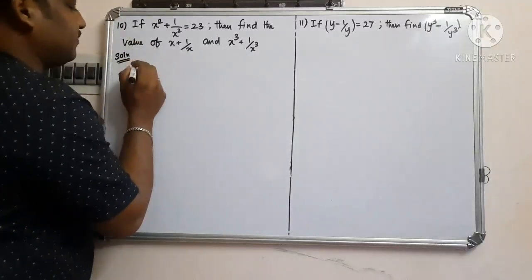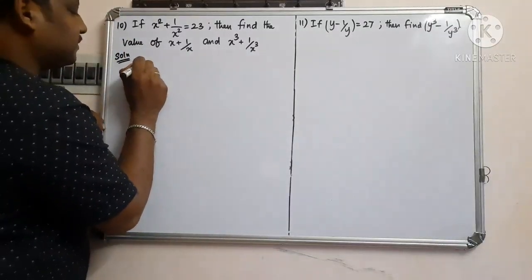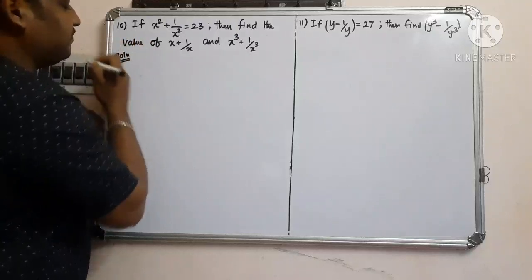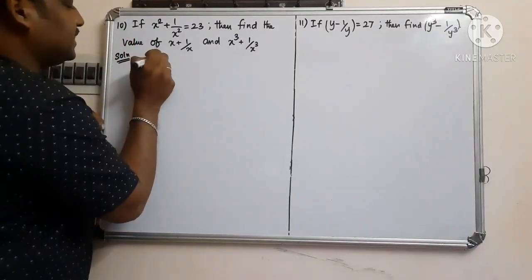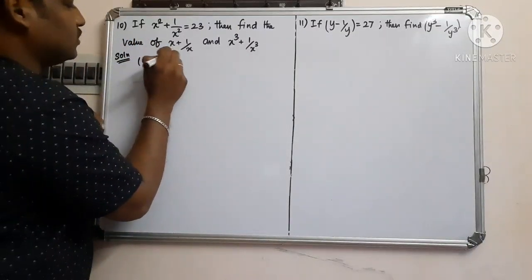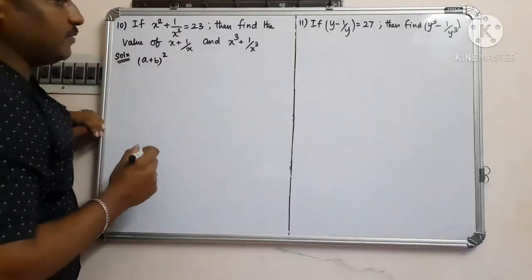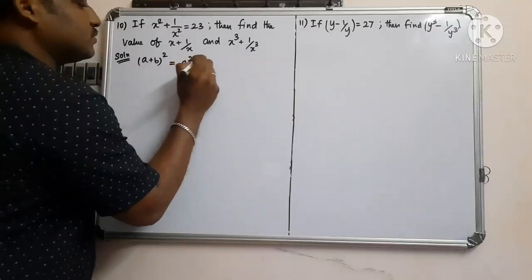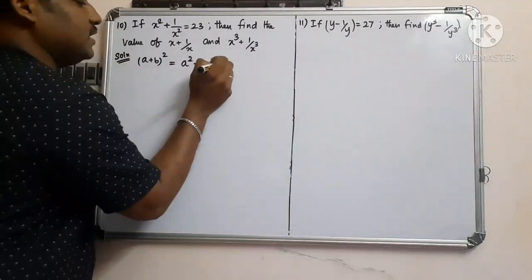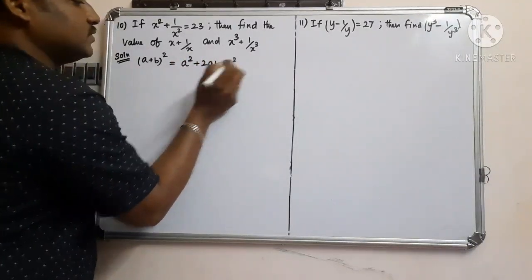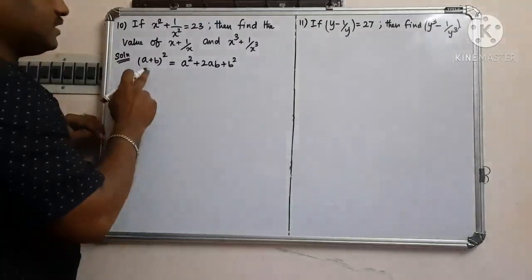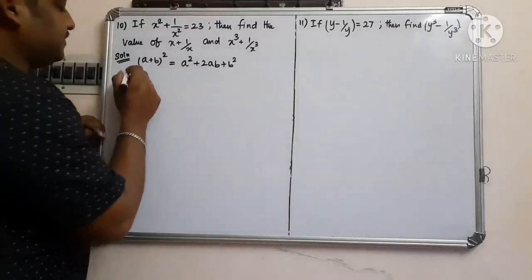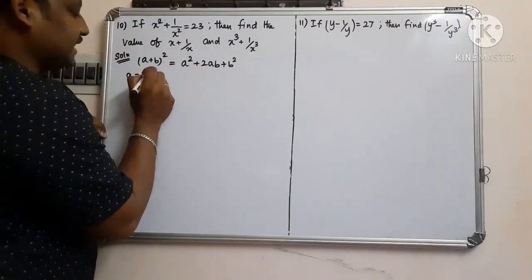So we know the formula of a plus b the whole square, which is equal to a square plus 2ab plus b square. So this identity we know: instead of a, you should substitute x.